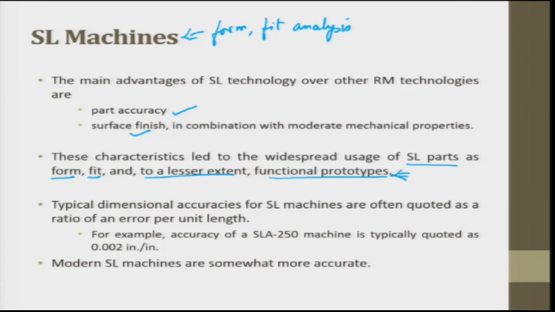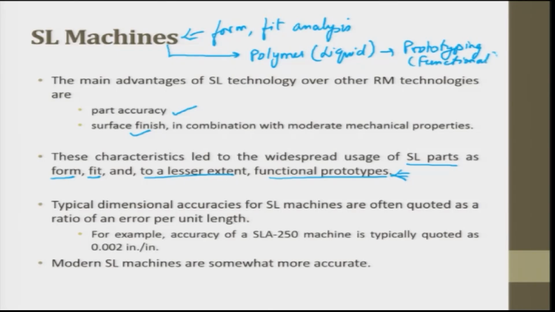Since it is made out of polymer, and that too starting from liquid, the strengths are weak. So, it will be predominantly used for prototyping only. When you talk about prototyping, you can use it for form and fit, and sometimes for functional analysis also.